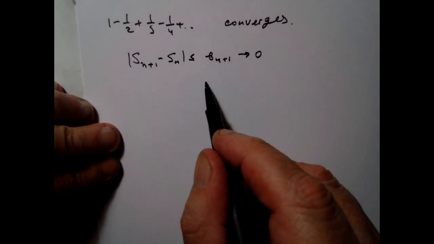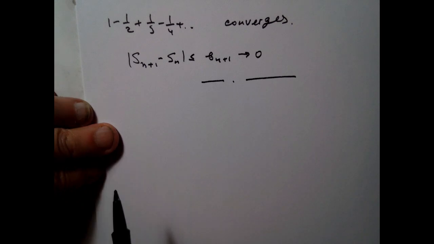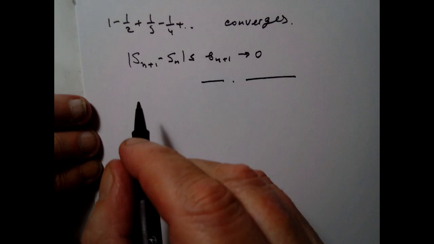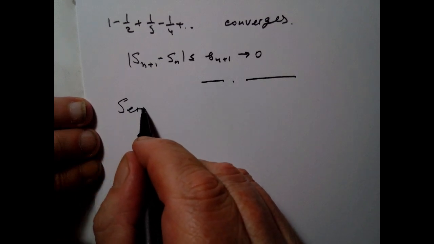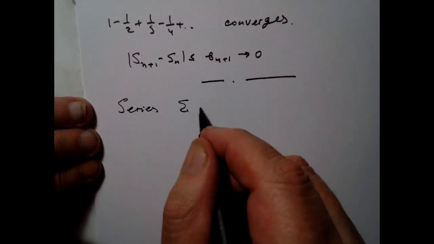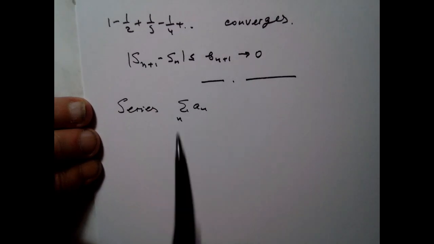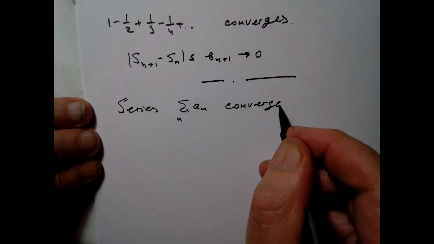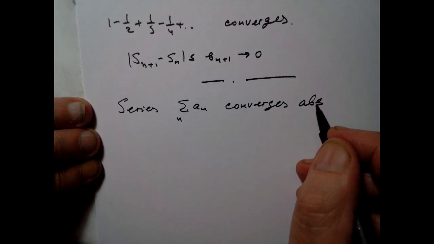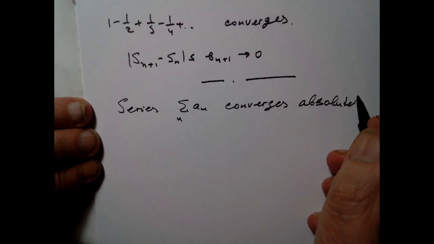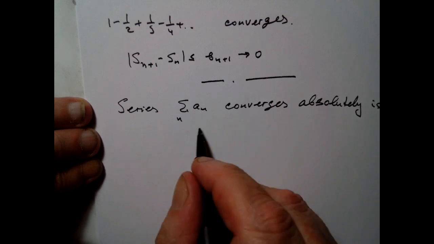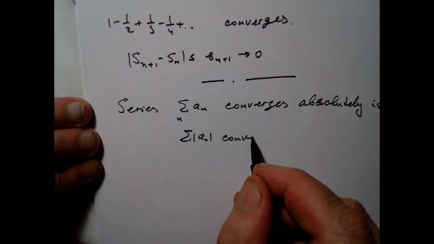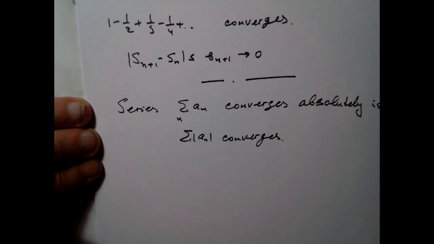Okay, so with that, I'm going to introduce this terminology that I tried to introduce before. I will say that the series sum of an converges absolutely if the series of absolute values converges.